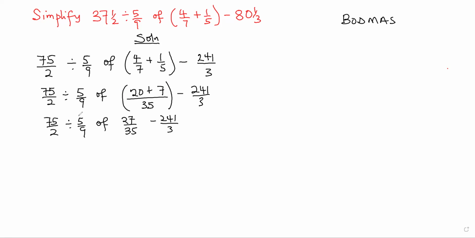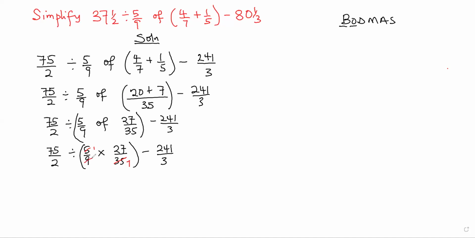So now we need to apply the "of". We are finished with the bracket, so we move on to the "of". And "of" in mathematics simply means multiplication, so we turn the "of" to multiplication. We have 27 over 35 minus 241 over 3. You realize that 5 will go into 75, 15 times, and into 35, 7 times.